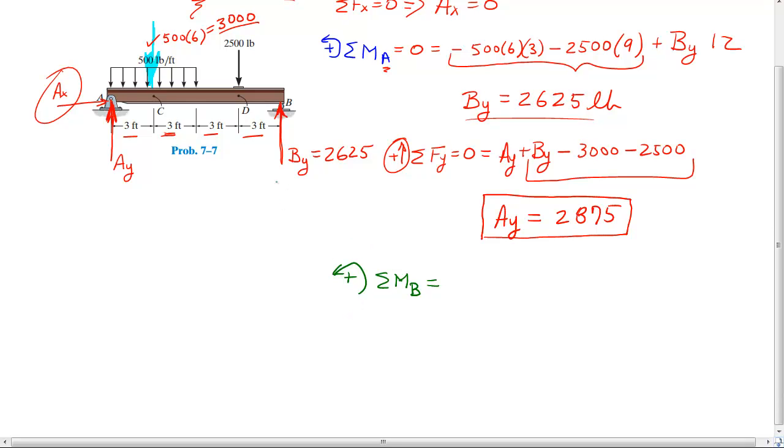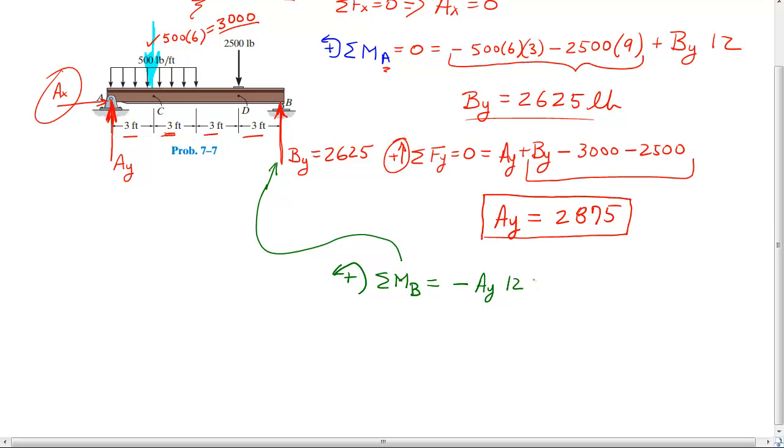So now I'm summing the moments about this area right here. First thing I notice is AY is rotating in the opposite direction to the positive. So it's AY times again that 12, and just go down through the forces.